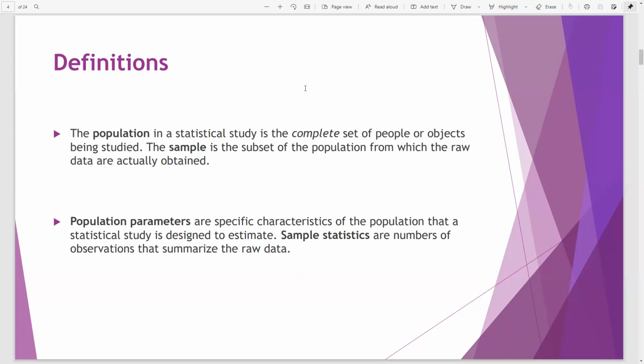Most of the time, the population is huge, and it is hard, even impossible, to get every single item or person or object observed or surveyed, or to collect data from. So what we usually study is the sample, which is a subset of the population.